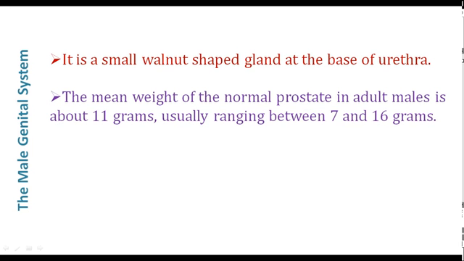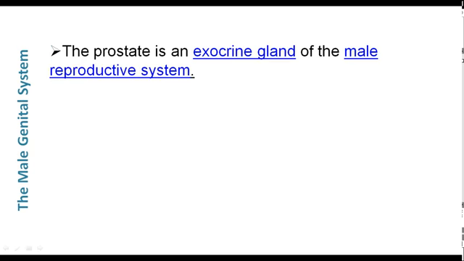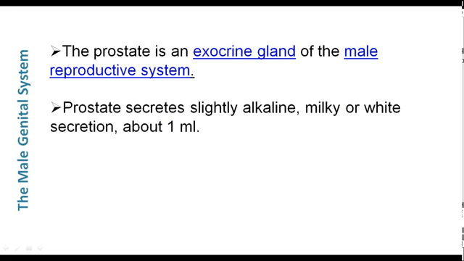The standard weight is 11 grams, that ranges between 7 to 16 grams. It contains 40 to 50 follicles into which a large number of enzymes are secreted. Most of the enzymes are related to oxidation of fructose and providing energy to the spermatozoa.